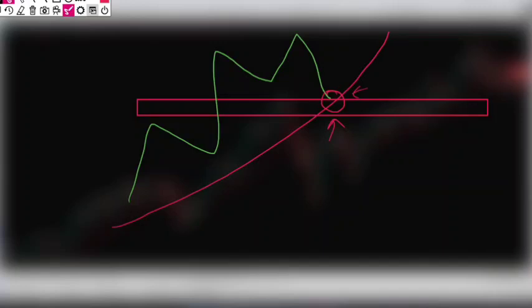Then you have to look for the long trade at this time. That means when your EMA is in the uptrend, rising, and the market comes to the 50 MA and your previous resistance is giving support in that zone, then at that time you have to look for the long trade.